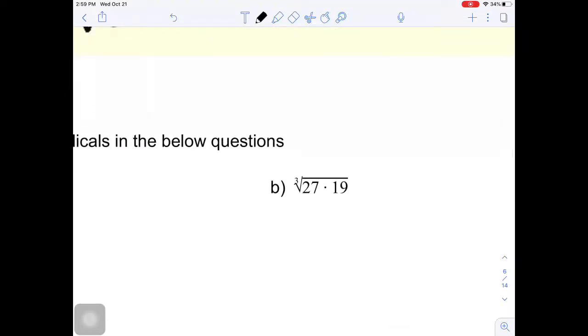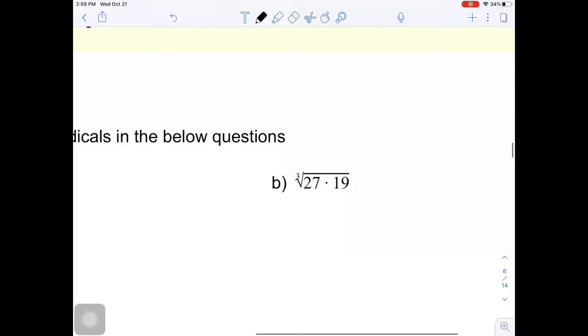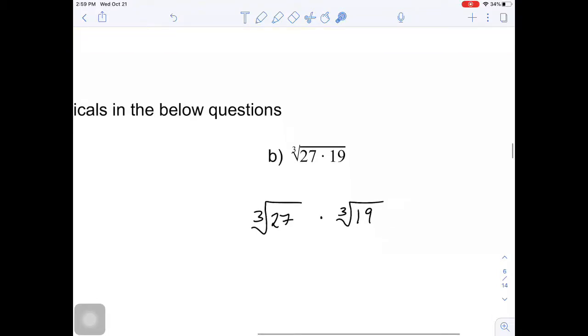Okay, let's use it over here. This is actually the cube root, so we have a cube root of 27 times 19. We can separate those two to be the cube root of 27 multiplied by the cube root of 19. The cube root of 27, hopefully you know, because 3 cubed is 27.